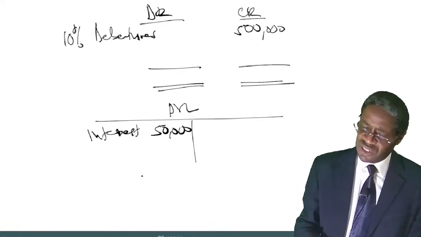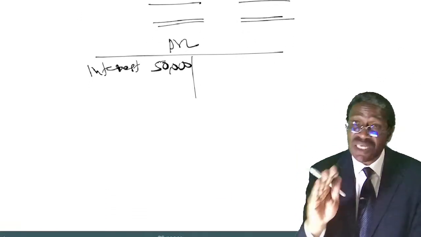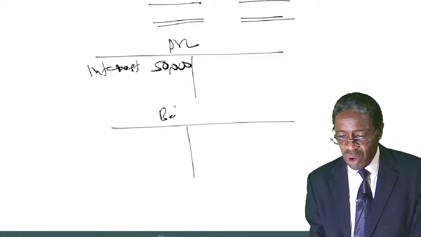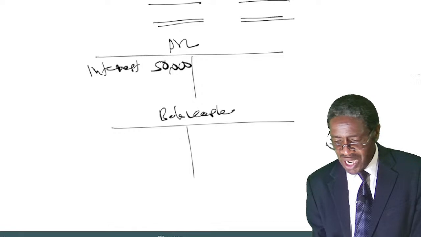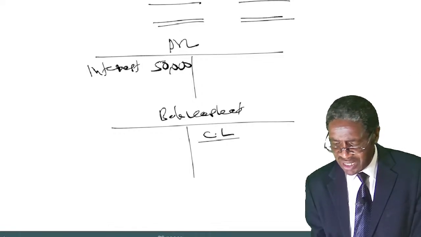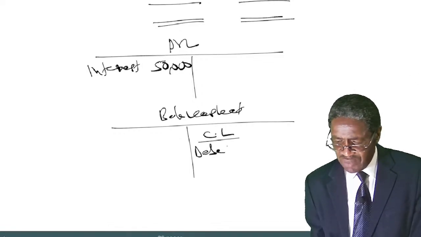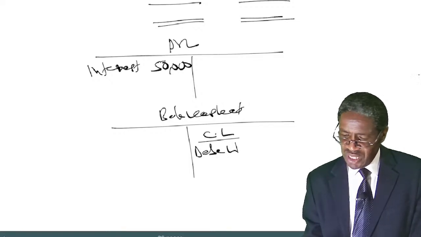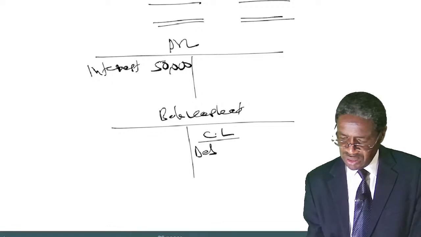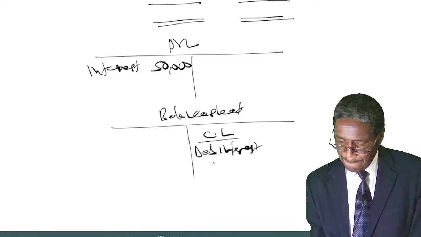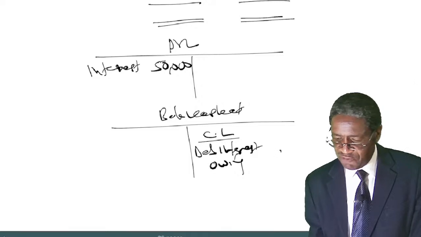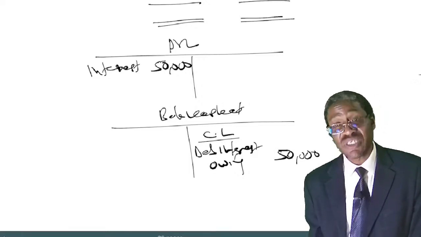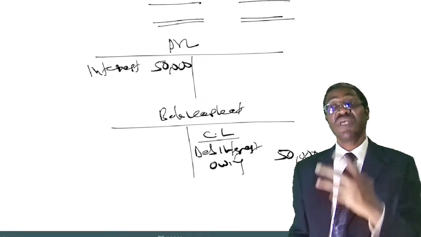So the same 50 will automatically go to the income statement as an expense, and the same 50 will go to your balance sheet as a liability. Again, among the current liabilities, you will have debenture interest owing of 50,000.